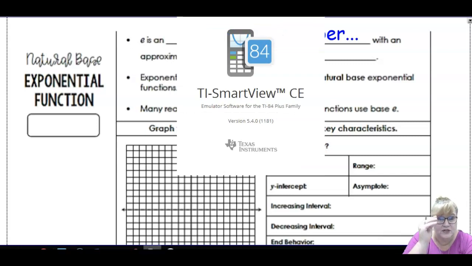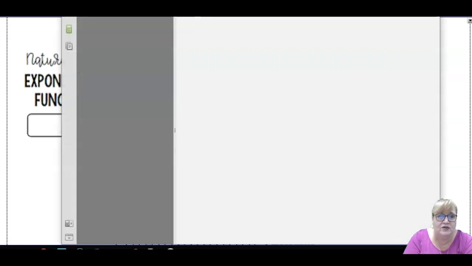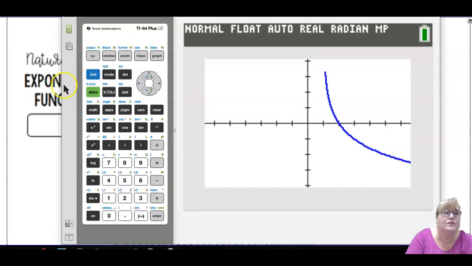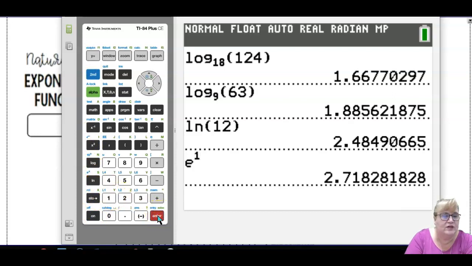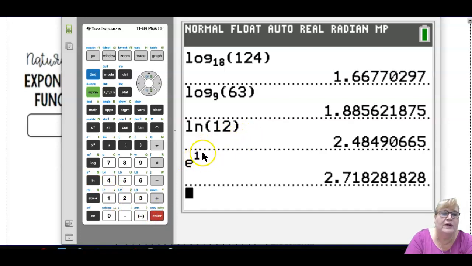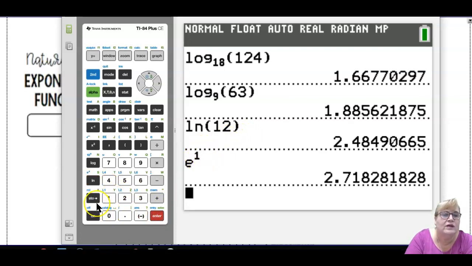I would highly suggest, because most of the time that we use e, you need to use the power, that you use second and then ln, which is 2 above on. And that will bring up e to the, so there's our calculator's version of e to the first. But most of the time we're going to need to put a power in there, so it's easier to use that one.